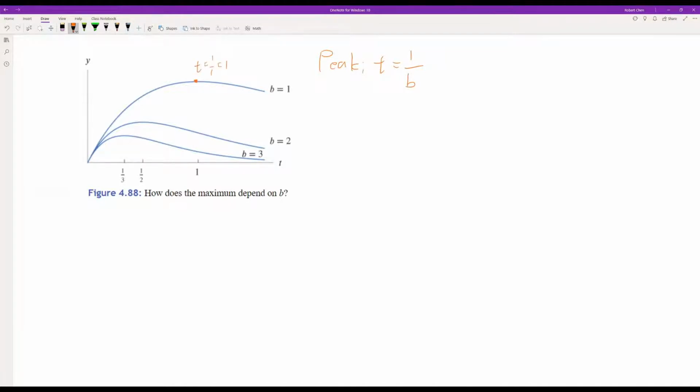When B is 2, it's going to hit the peak faster, which is 1/2. It hits the peak faster, but it's not as high as the previous one. When B is equal to 3, it hits the peak even faster, at 1/3. And again, when the B value is smaller, the function increases for longer and has a higher value. When B is large, the function increases for a shorter time, but hits the peak faster.